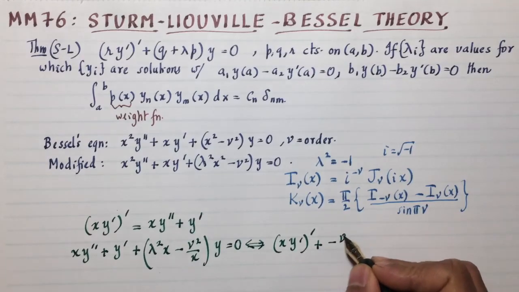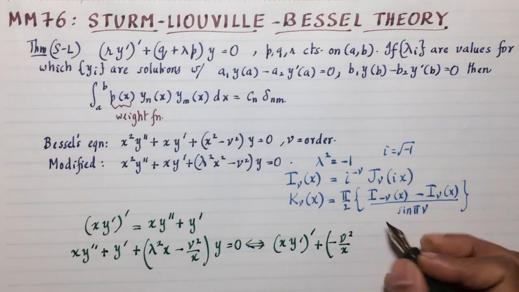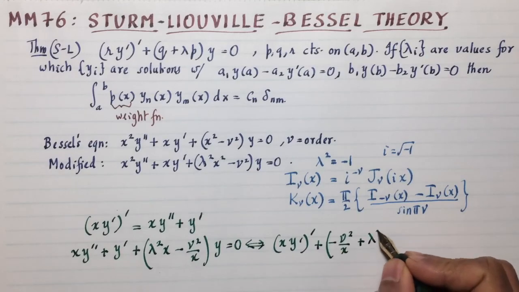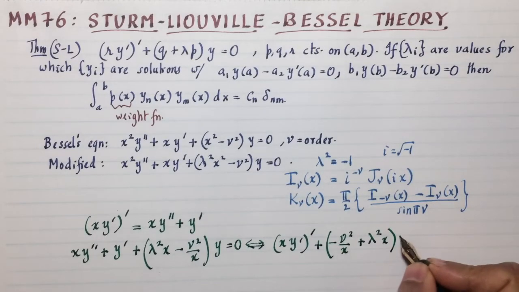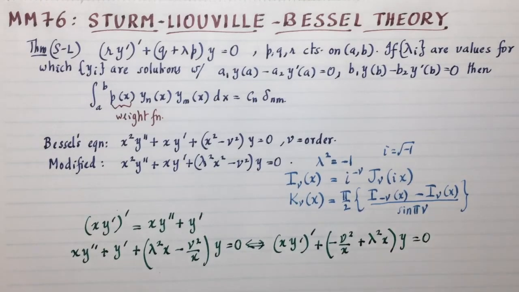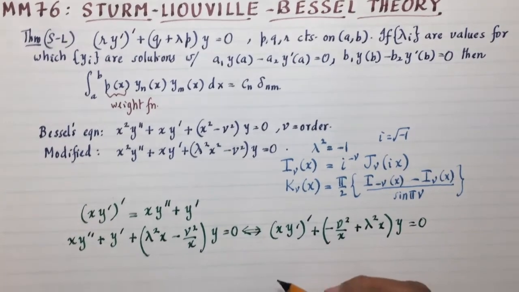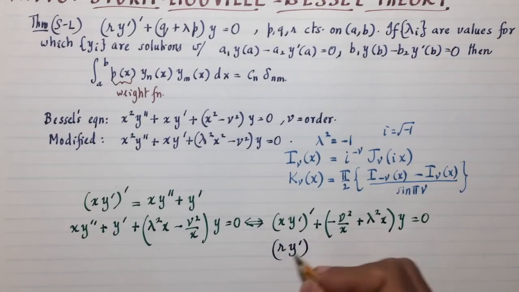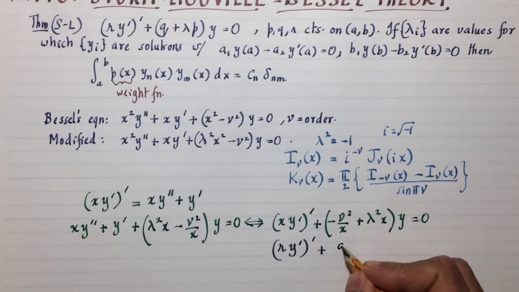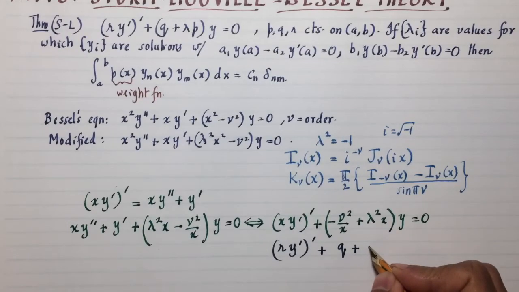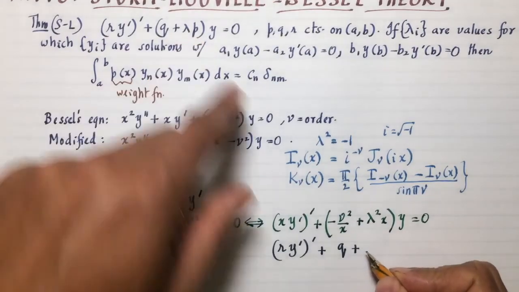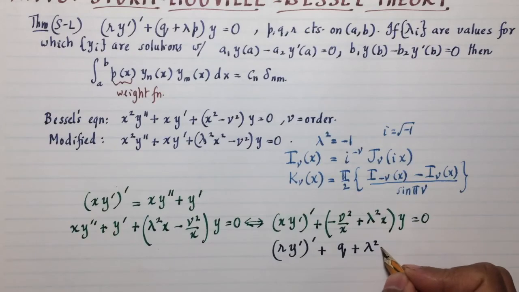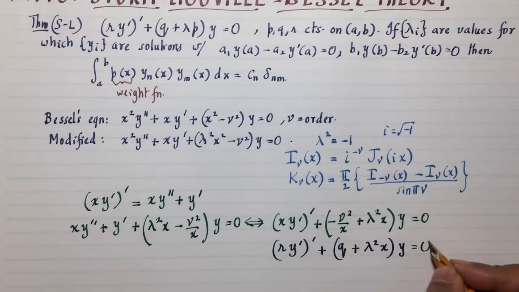Actually, I'll write it like this: minus nu squared over x plus lambda squared x, y equal to 0. Written in this fashion, there's a one-to-one correspondence between this and the classic Sturm-Liouville form, which is r y prime, prime, plus q plus, okay, that's lambda there and it's lambda squared here, but no worries, lambda squared p times y equal to 0.